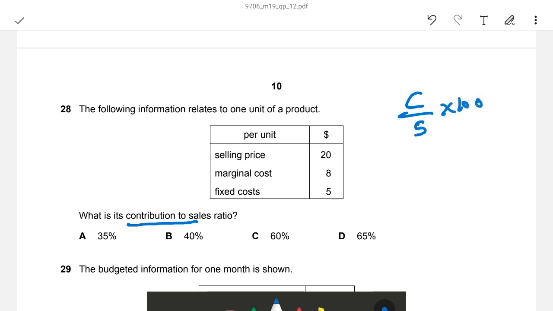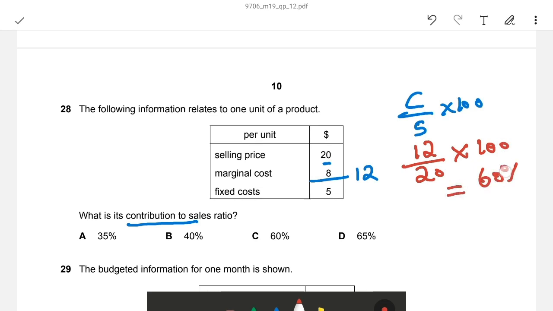Contribution is equal to selling price minus variable or marginal cost. What is the contribution? Contribution is 12. So C by S, 12 by 20 into 100 is equal to 60%. So the correct answer is C.